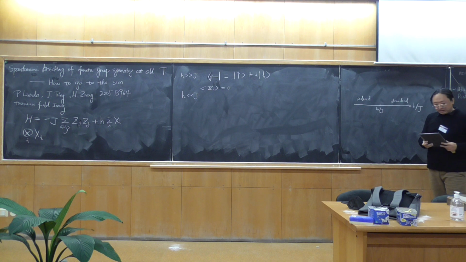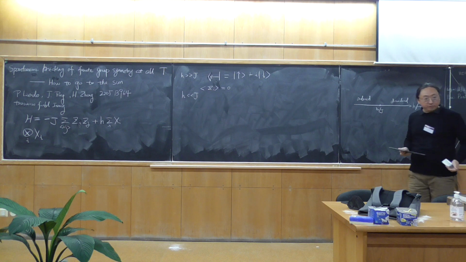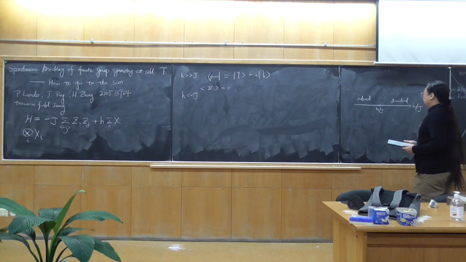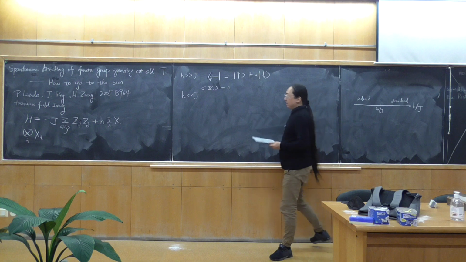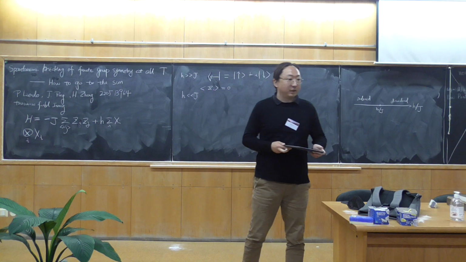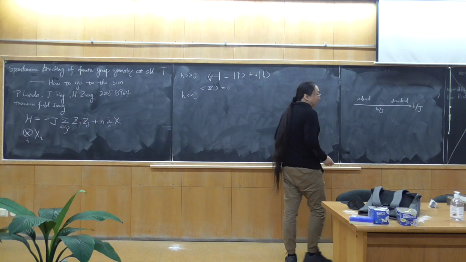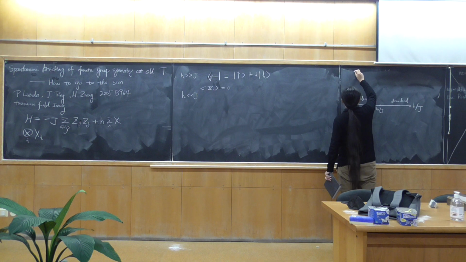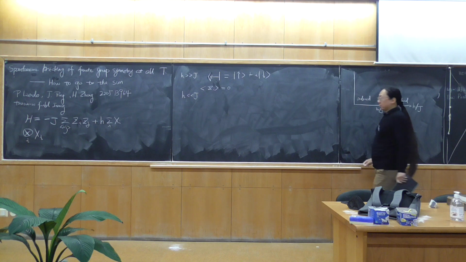Our discussion will involve temperature. Suppose you don't really have this h term, you are basically treating a statistical physics model, which is the Ising model we are familiar with. So we know at low temperature, this will be in the ordered phase, as shown here.